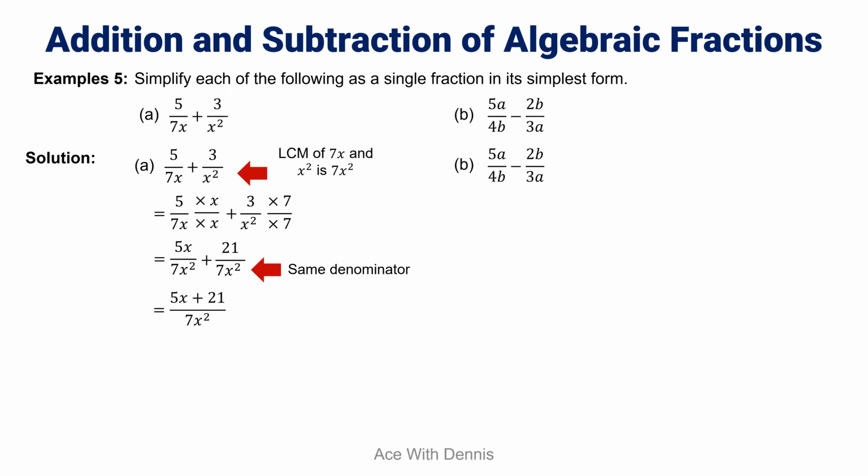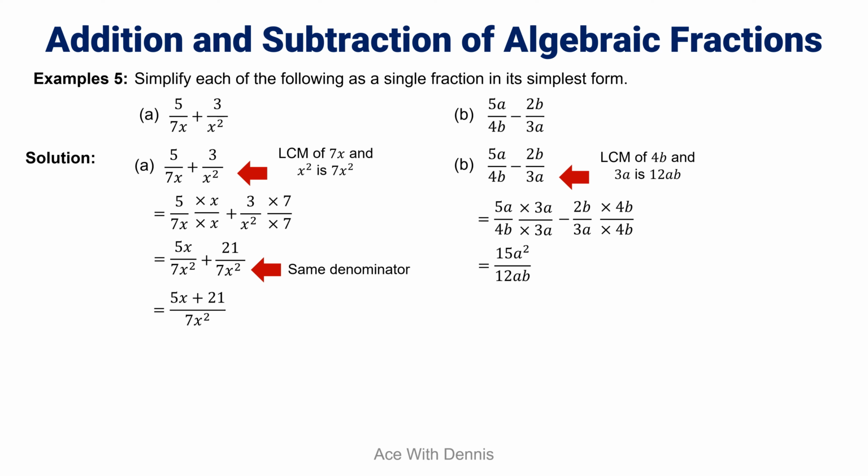For B, 5a over 4b minus 2b over 3a. For 4b and 3a, the LCM for both of them will be 12ab. Hence, for the first fraction, 5a over 4b, we need to multiply 3a for the numerator and denominator. For the second fraction, minus 2b over 3a, we need to multiply with 4b at the top and the bottom.